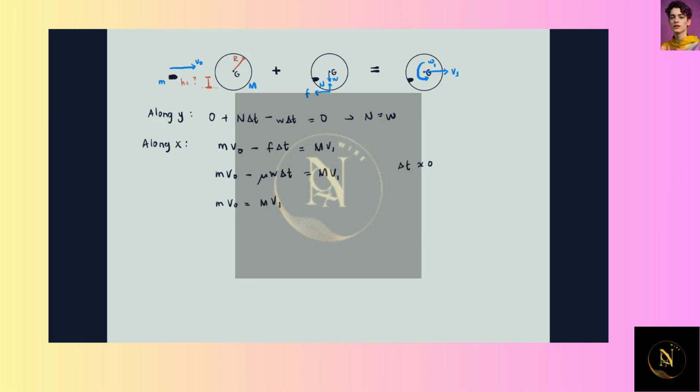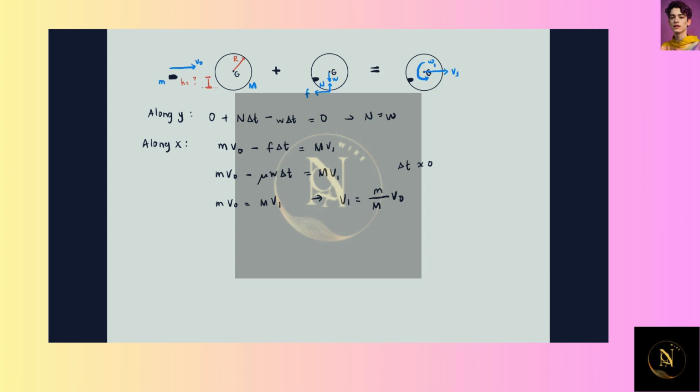Solving for v sub 1, we see that v sub 1 is equal to the mass of the bullet over the mass of the disc times v sub o. We can write another equation now for the moments about point G, taking the counterclockwise direction as positive.